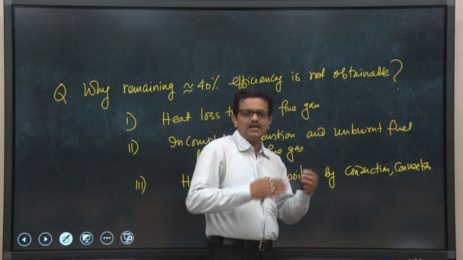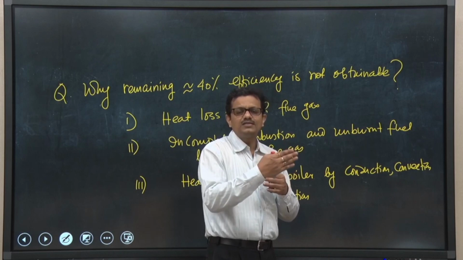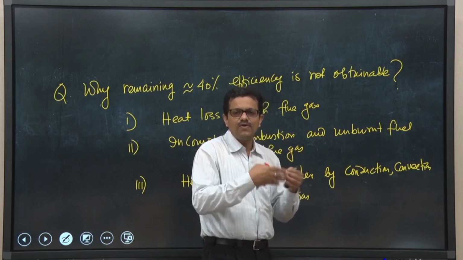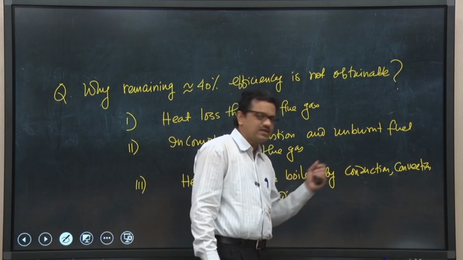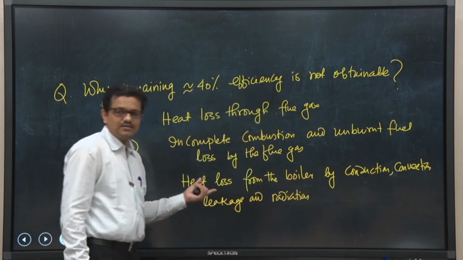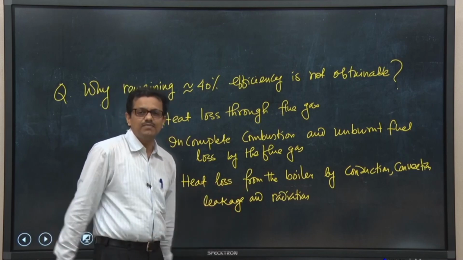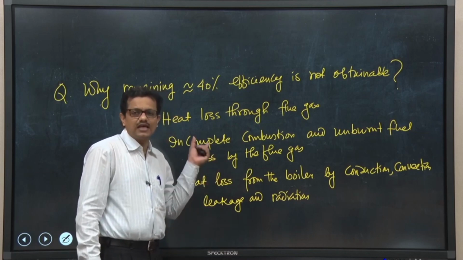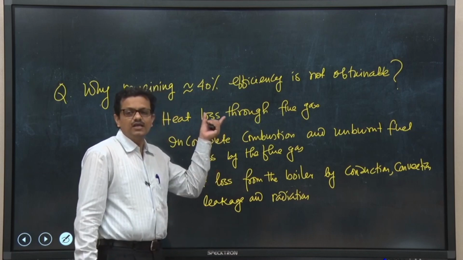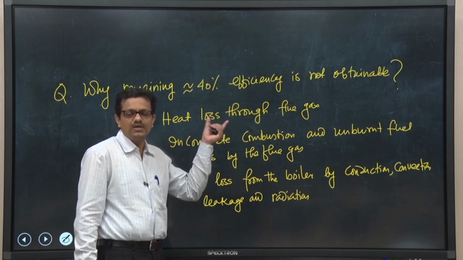Also, there is conduction through the boiler wall, and air flow in the surroundings enhances the heat transfer. That is convection. Finally, the temperature is very high, so the radiation effect cannot be trivially ignored, and there must be certain heat leakage from the boiler. Accounting for all these aspects, efficiency is not achievable beyond 60%.